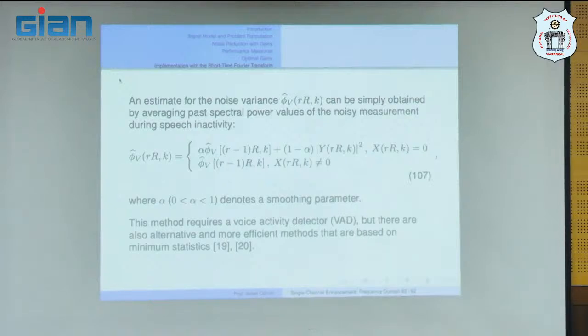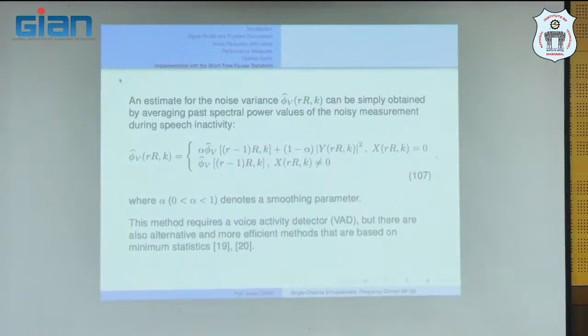So you need to work on that also. Because for speech, there are intervals where speech is not present, and if you have a voice activity detector, you can recursively estimate here. But if you have some applications where you know that the noise is stationary, and you know durations of periods that you have no signal, as with radar or something else, you know when there is a signal and when there is no signal, because you send the signal.